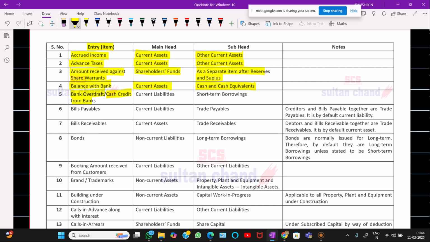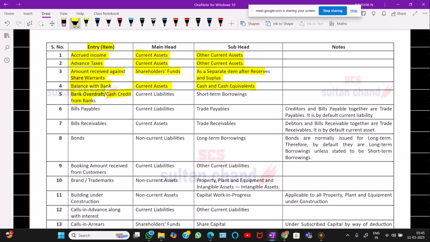Bank overdraft is basically a short-term finance provided by the banks to those people who are having a current account.